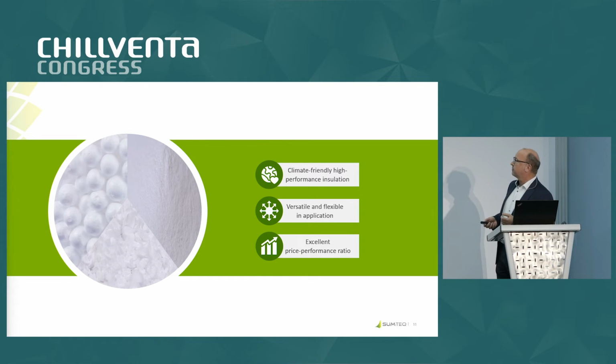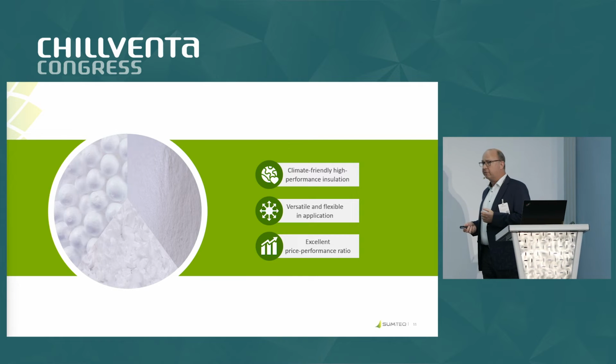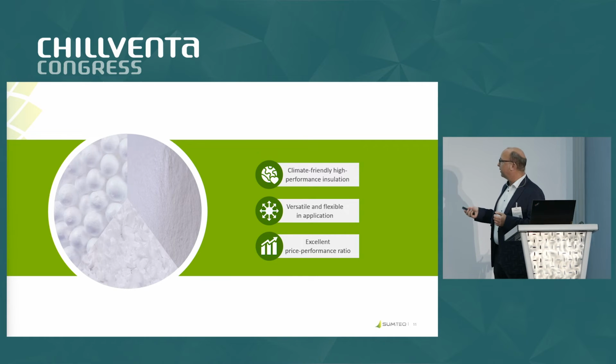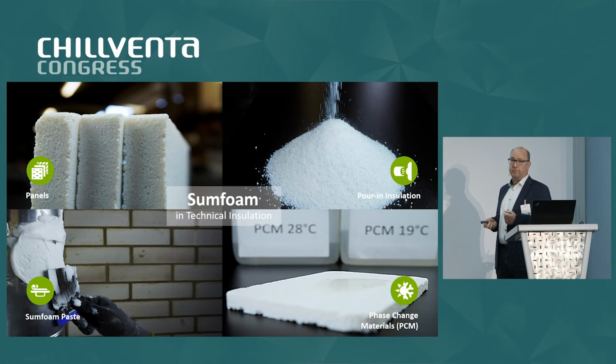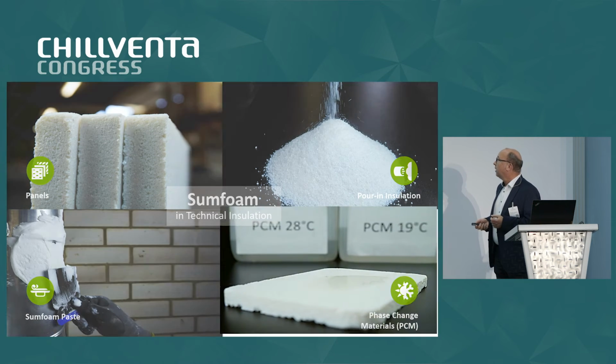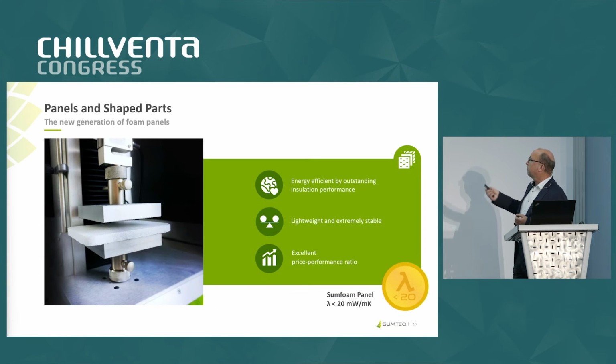Coming back to the panels, we have reached, not so long ago, a lambda value in the panels of less than 20 milliwatt per meter Kelvin. So it is very efficient, with outstanding insulation performance. It is lightweight.